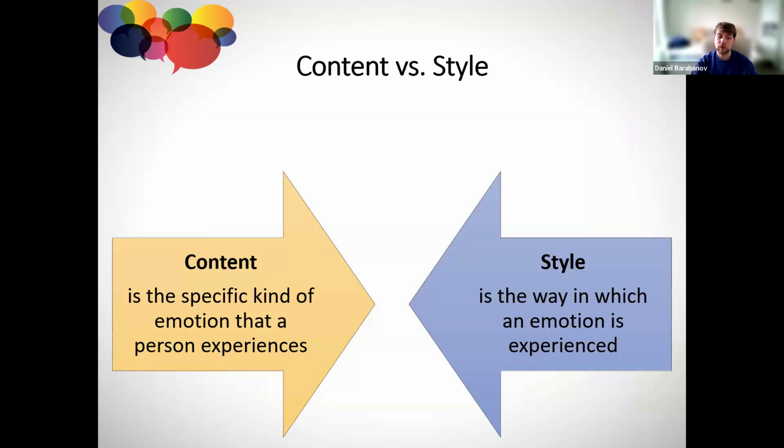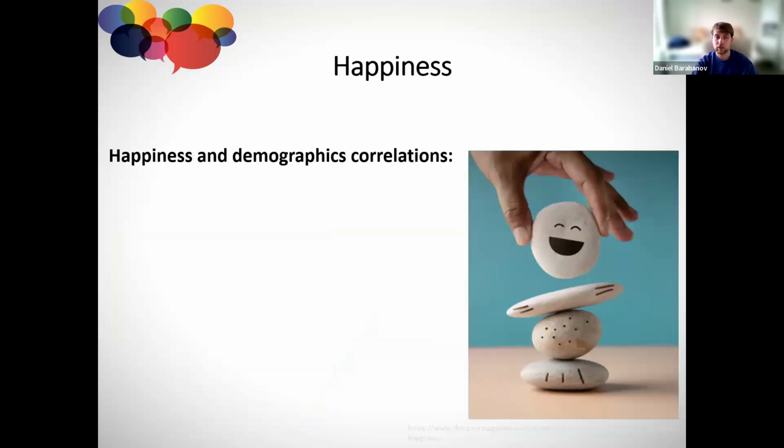Should we focus on the specific kind of emotions that a person experiences, or on the way this emotion is experienced, like what or how, content or style, right? So when we research, we should focus on what people experience, or on how people experience, right? And this debate is also important for how you design your research.